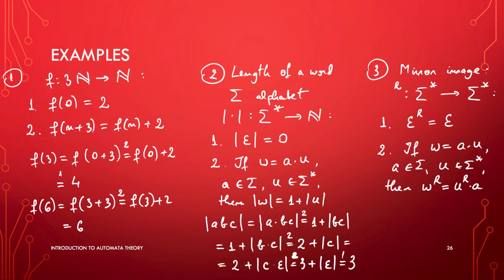So for example, if you want to check what the mirror image of word ABC is, I'm just tracing the same example as I had here on the left side.